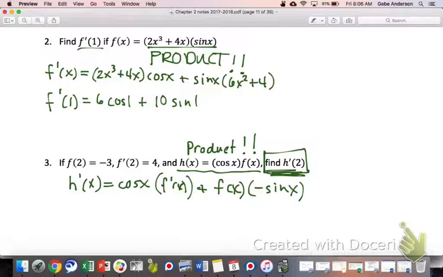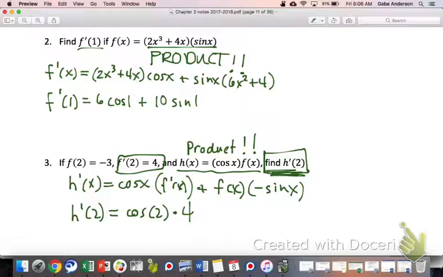Now that we've done that, we can plug in the 2. So h prime of 2 is equal to cosine of 2. And if you want to write this out, you can write f prime of 2, but don't we know from our earlier informational session what f prime of 2 is? Right up here, we're told that f prime of 2 is 4. So if you just wanted to put times 4, I'm fine with that. If you wanted to show an additional step, obviously that's okay as well.